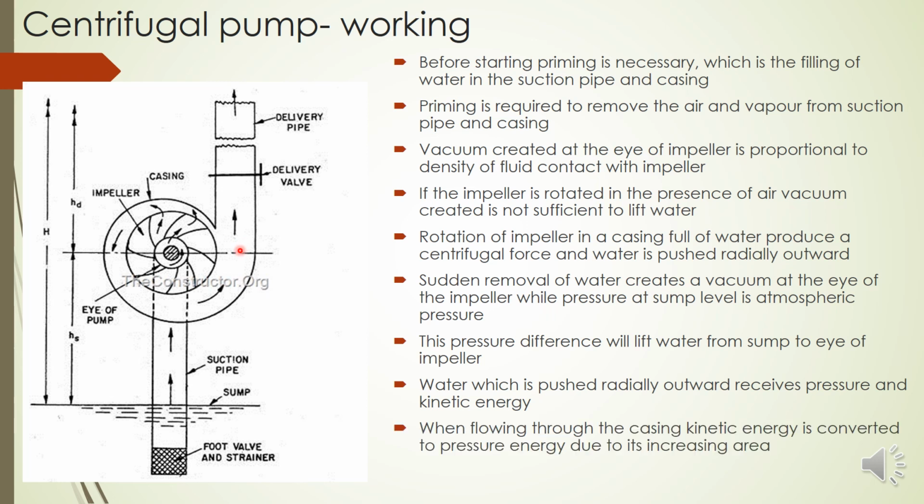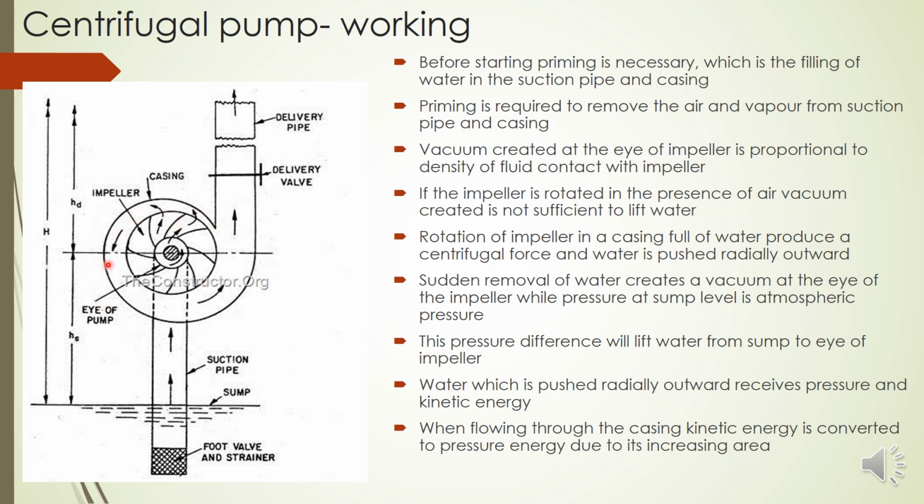Now here comes the importance of its area. The area of the spiral casing is increasing. That means, by the continuity equation, velocity will decrease and pressure will increase. So the kinetic energy is converted to pressure energy by this increasing area.